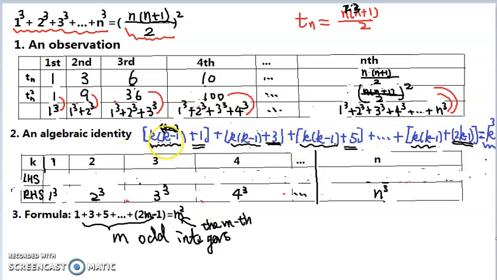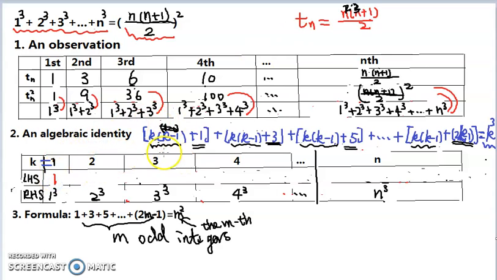But notice that the odd integers we have are 1 plus 3 plus 5 plus dot dot dot, and the last odd integer is 2k minus 1. So if k is equal to 1, that will only generate one odd integer, because in each pair of brackets, we have the first k odd integers.